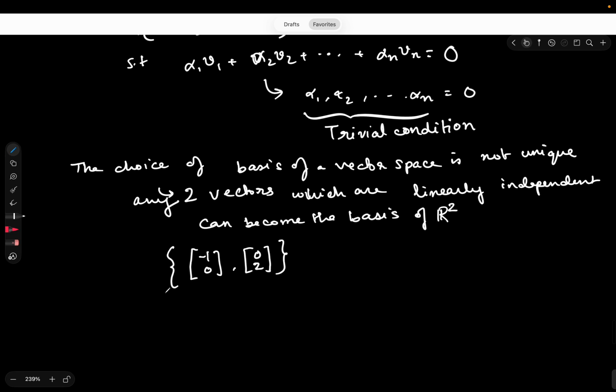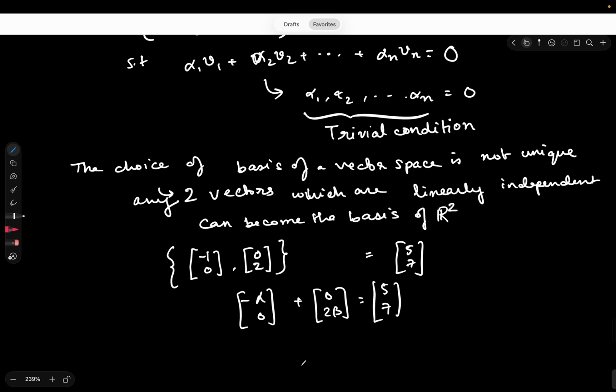And you can also try this at home by taking some arbitrary vector and trying to find it by some operation on these two vectors. For example, if we try to find (5, 7), we can actually do alpha into (-1, 0) plus beta into (0, 2) equals (5, 7).